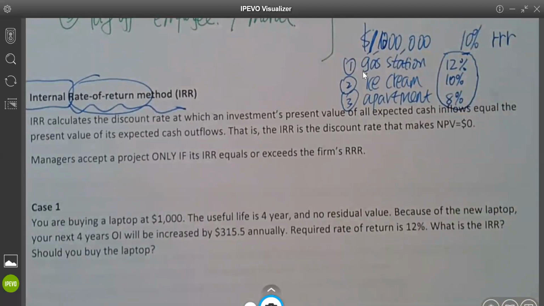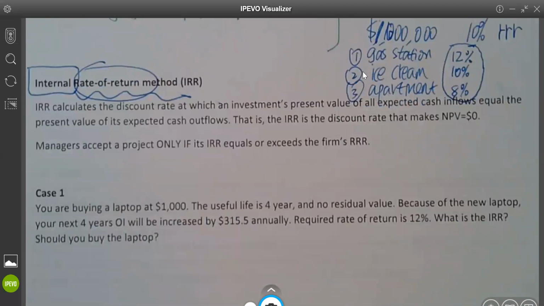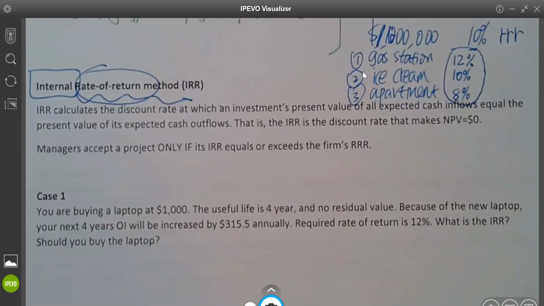How do you get that? We will learn how to calculate the IRR. So the first thing you know is IRR relies on each specific project. And second, remember we said IRR is the cousin of NPV, right? So it definitely is related with our NPV. I ask you a question.